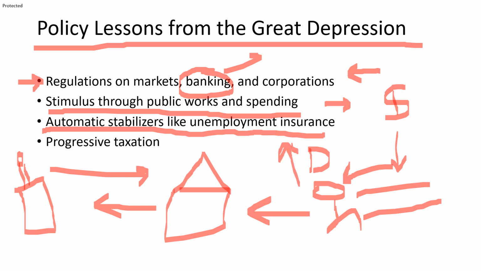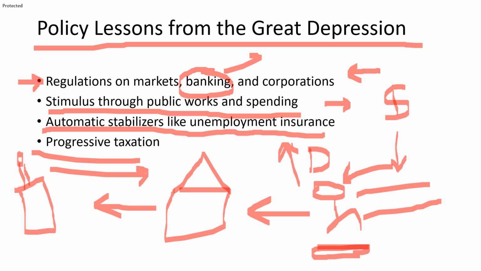So all of these policies are making sure that this guy has money in his pocket, and then he starts buying things. Buying and selling and sales are the fuel of a capitalist economy. So that's very important.